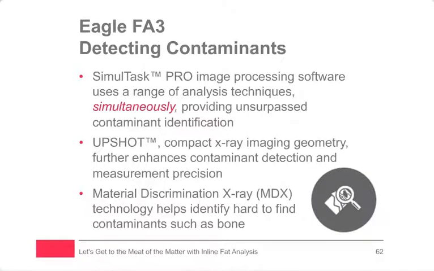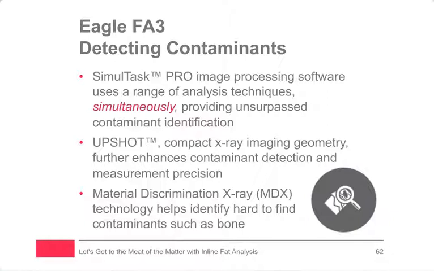The Eagle FA3 is also extremely capable at detecting contaminants. The proprietary image analysis software Simultask uses a range of different analysis techniques, all applied simultaneously, and provides unsurpassed contaminant identification. Additionally, the geometry of the actual inspection components inside the machine, that's the tube and the detector, is in a formation we call upshot.